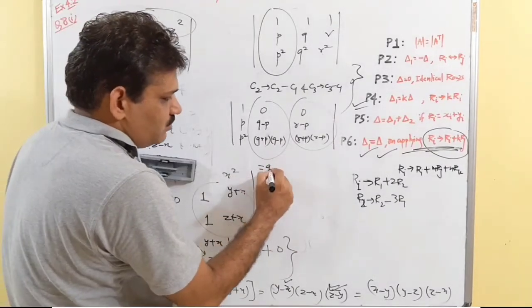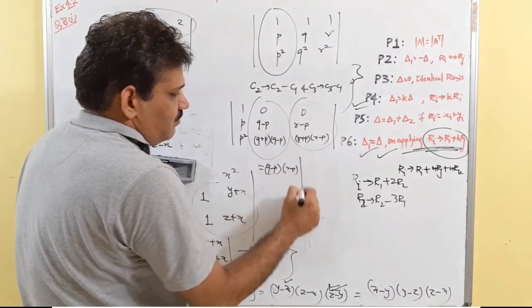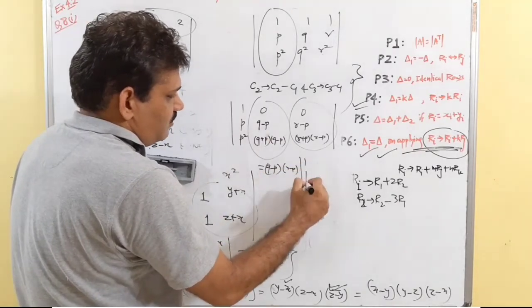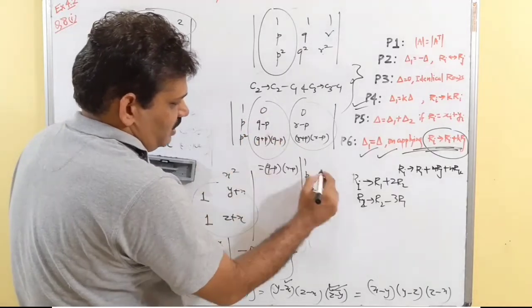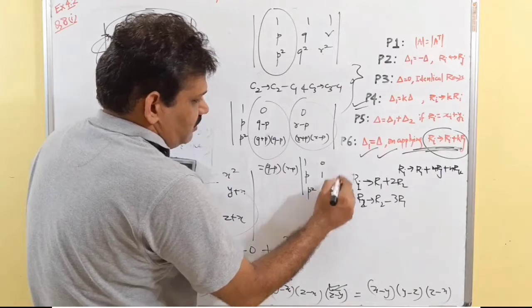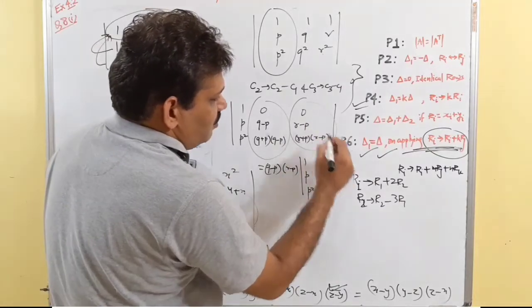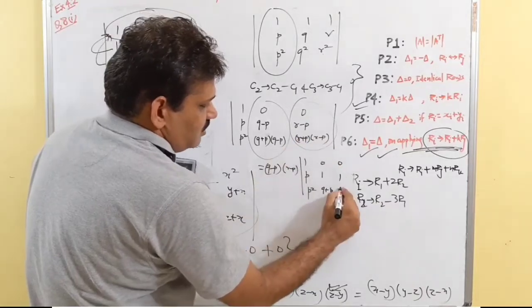So this gives us q minus p into r minus p. When we take common from first column, there is nothing common, 1 p square. From here we have taken q minus p common, so 0 1 q plus p. From this we have r minus p common, so this gives 0, 1, r plus p.